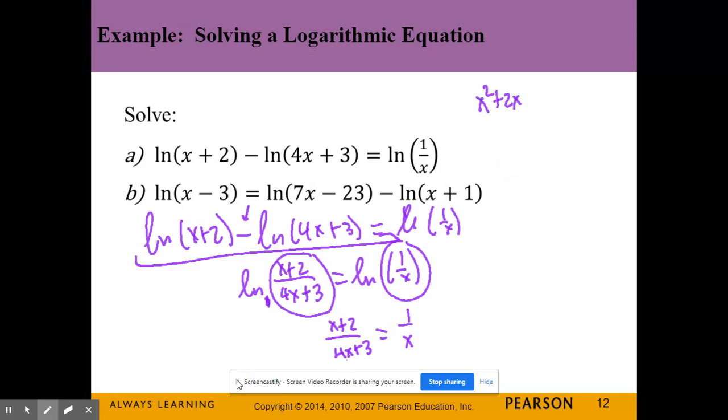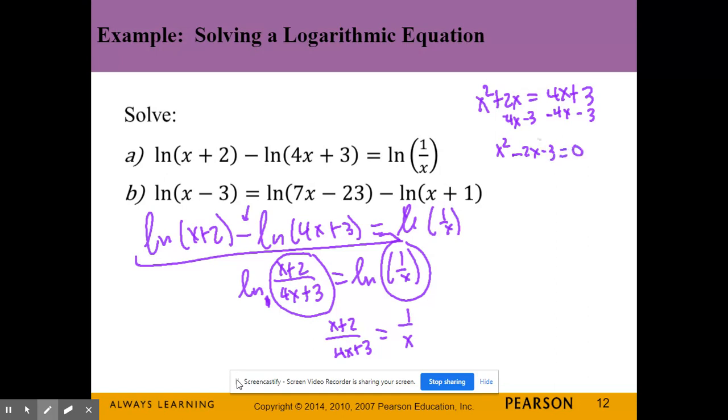And then 4x plus 3 times 1 is equal to 4x plus 3. Now I've got a quadratic to solve. So I'm going to set everything to one side by subtracting 4x and 3. So you got x squared minus 2x minus 3 equal to 0.